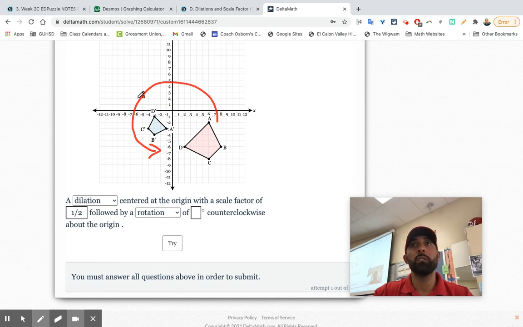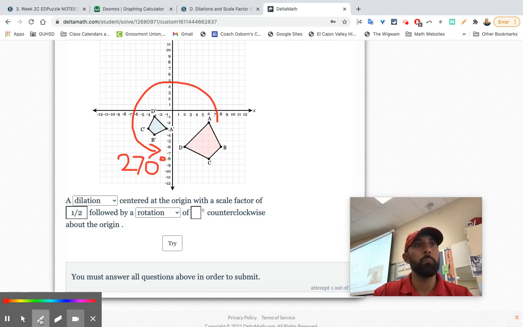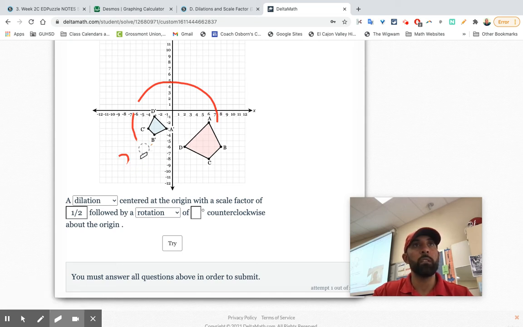Two quadrants, that's 180 degrees. Three quadrants, that's going to be 270 degrees. In other words, every quadrant you're moving 90, so you're adding up 90 three times. Okay, so that's where that number comes from. All right, let me erase all that now that we know where we're going.